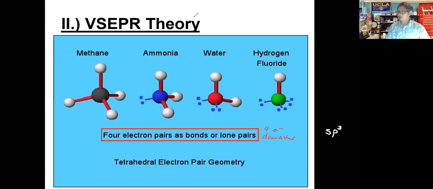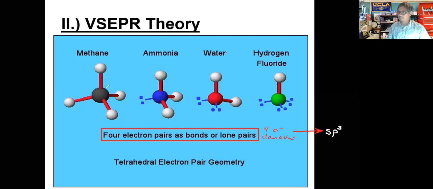As soon as we identify that each one of these has 4 electron domains, the conclusion we can reach is that the hybridization for each center atom is sp3. You have to be able to recognize that as you move forward. And therefore, each one of these will have a tetrahedral electron geometry. Again, the terminology here is a little bit different than what I've used here.